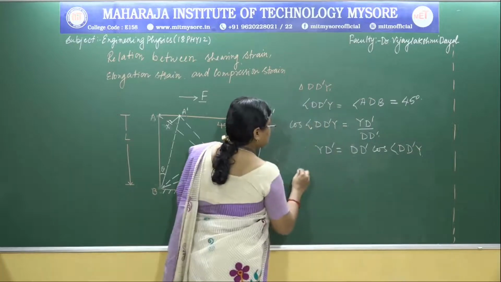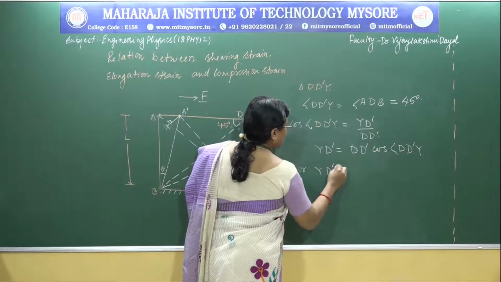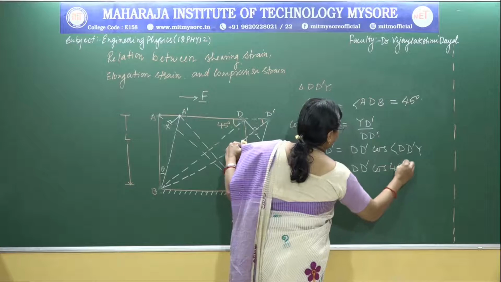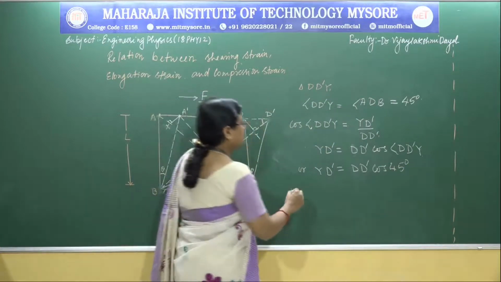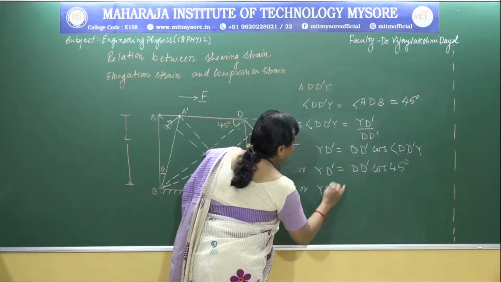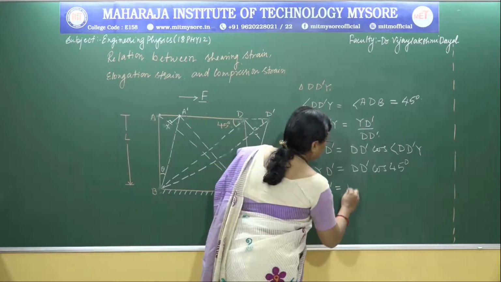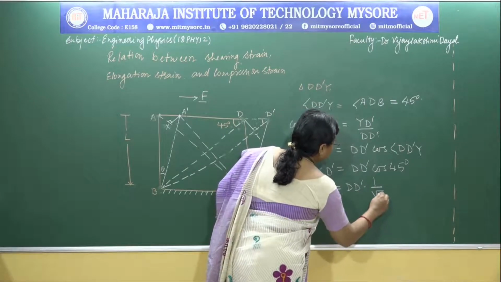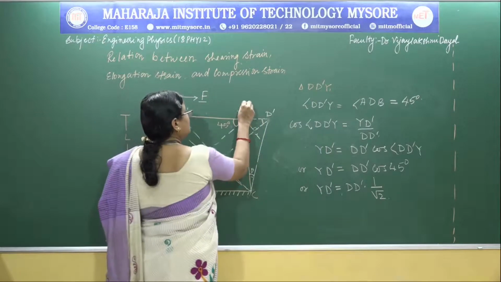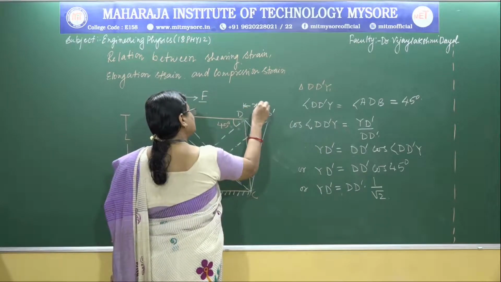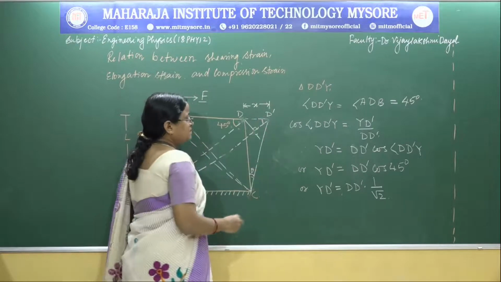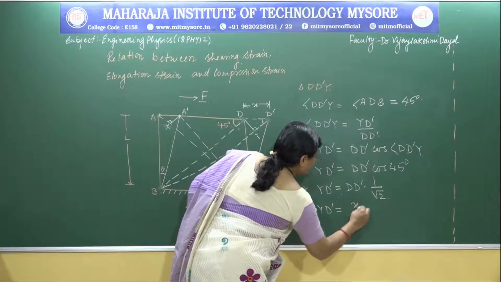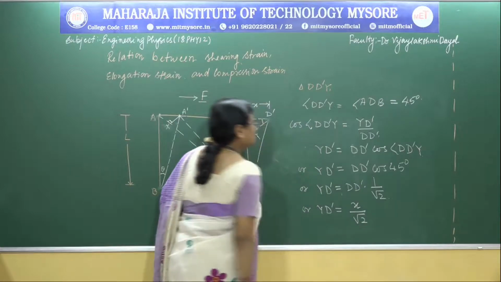So this YD dash will be equal to DD dash cos of 45 degree, and cos 45 is 1 by root 2. Now if we consider that the change in the position is by distance x, then YD dash will be equal to x divided by root 2.